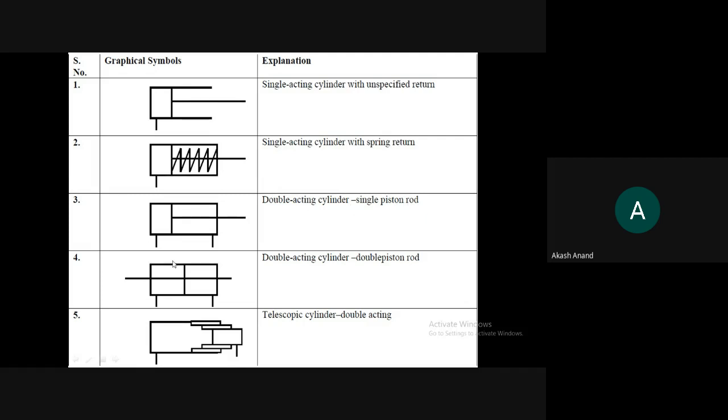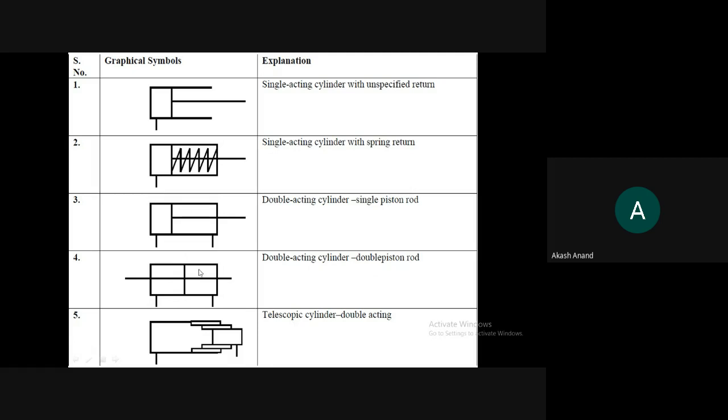Coming to the fourth symbol, you can see a single piston, a cylinder, and two ports. It means it is a double acting cylinder. But the difference from the third one is you can see two rods here. So this is an example of a double acting cylinder with a double piston rod.